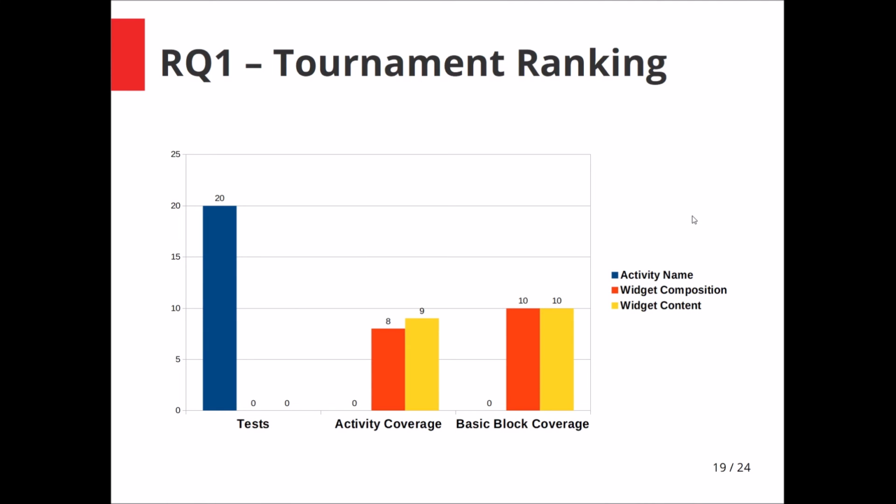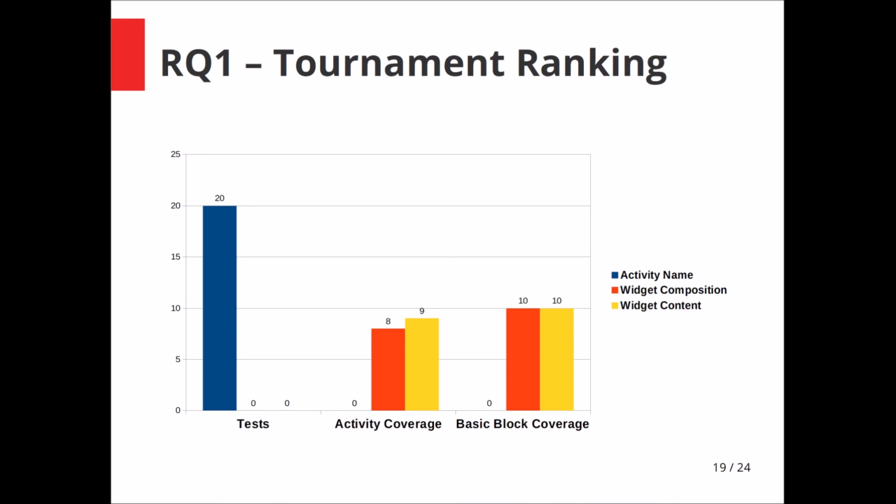In order to determine which is the best trade-off, we performed a tournament ranking that works as follows. We compared the different abstraction levels pairwise and gave a point to a configuration if there is a statistical significance in terms of tests or coverage, that is a p-value less than 0.05, and the Vargha-Delaney effect size is greater than 0.5.